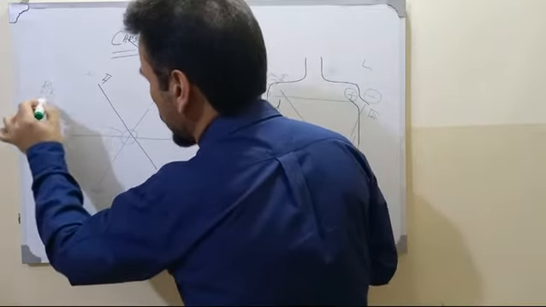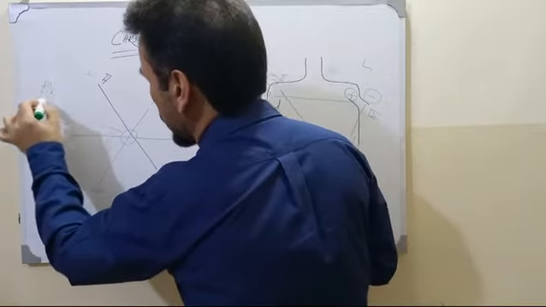Now if you look at them, they make an angle of 60 degrees with each other on all these sides. For example, leads 1 and 2 make an angle of 60 degrees, similarly 3 and 1, 60, similarly here, here, and here. Now this is a circle.